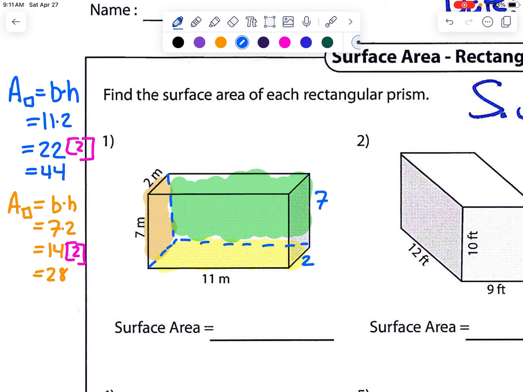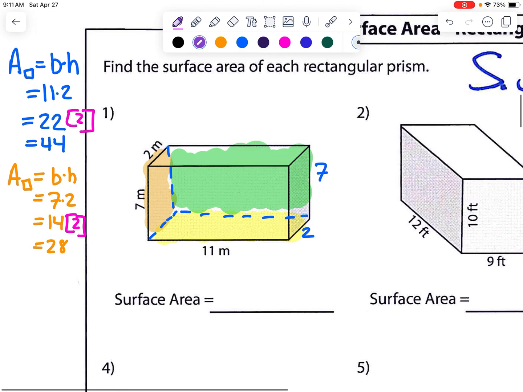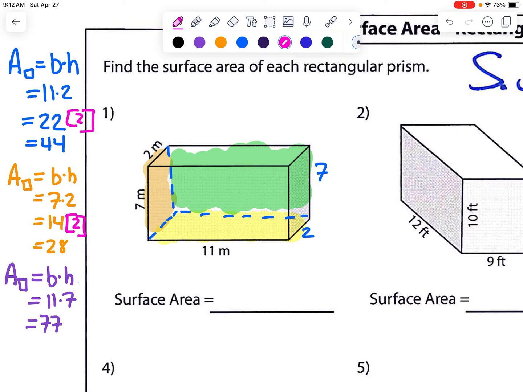Area of a rectangle is base times height. So we have 11 times 7, which is 77. And 77 times 2 is 154. Remember, we're timesing by 2 because if the back is 77, then the front is 77. So now we have 154.